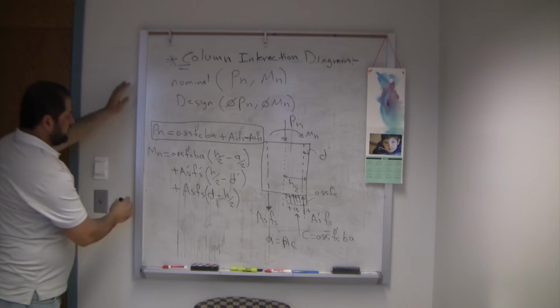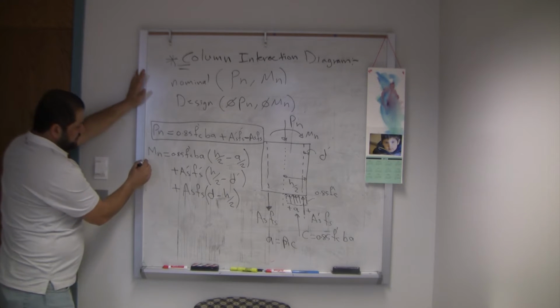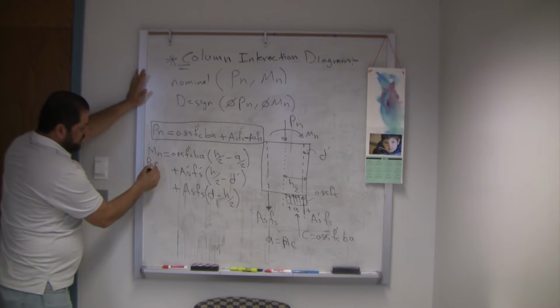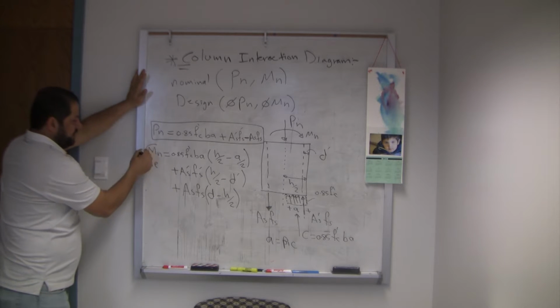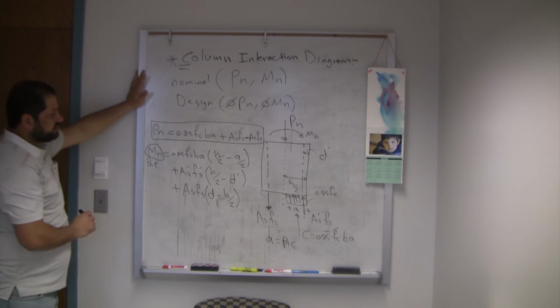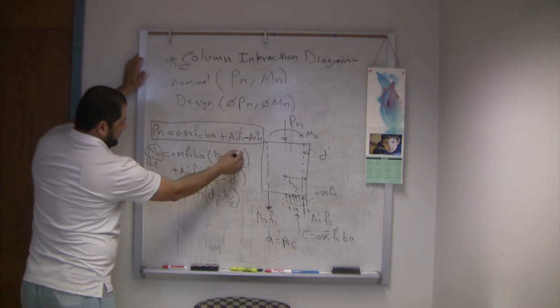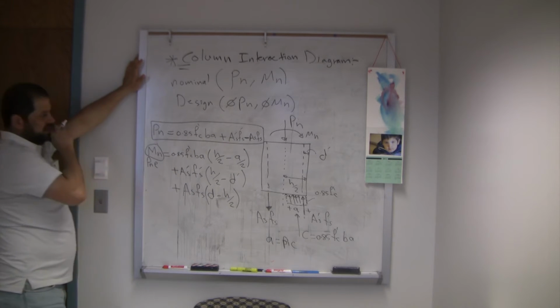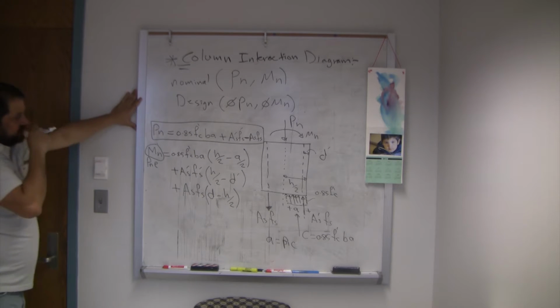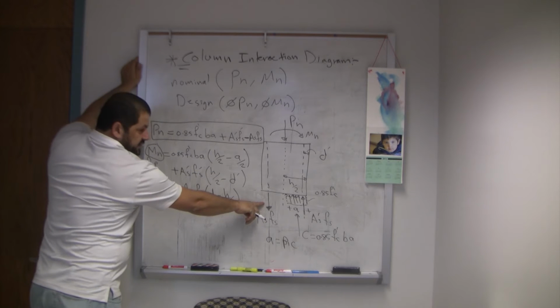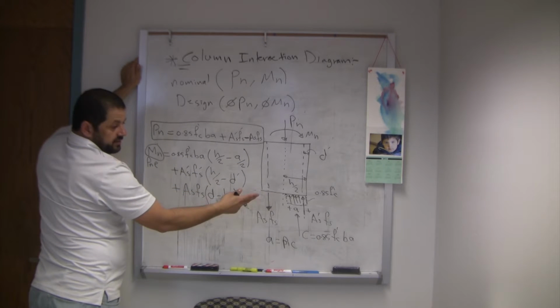Okay, so this is the second equation. Again, Mn equal Pn e. So we have two equations, this and that. If you look at the equation here, this steel on this side could be in compression.